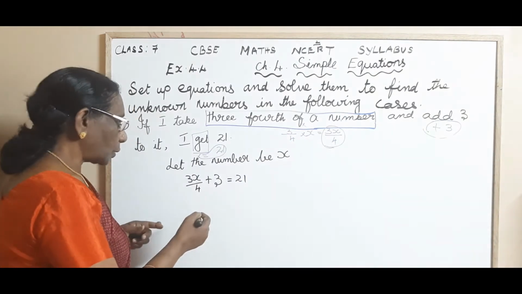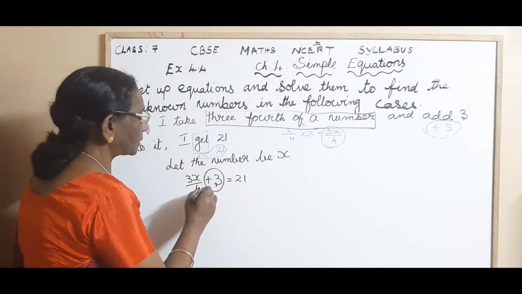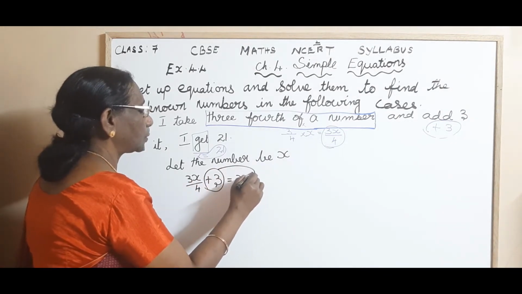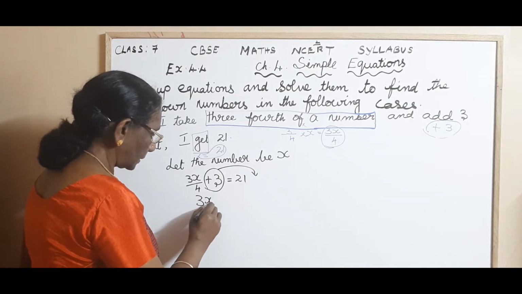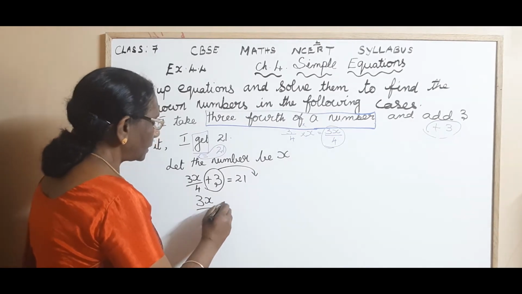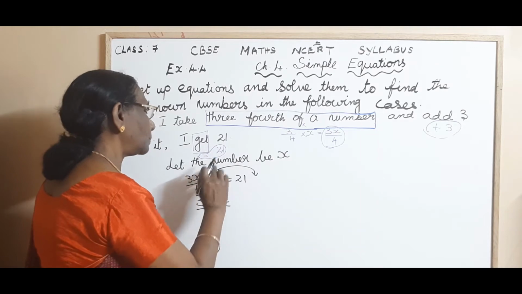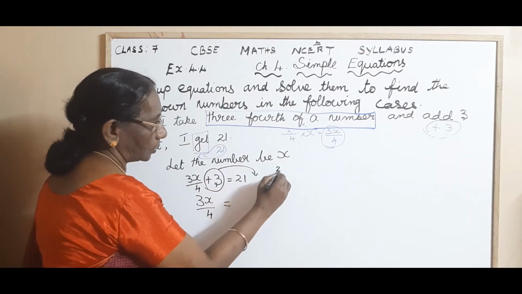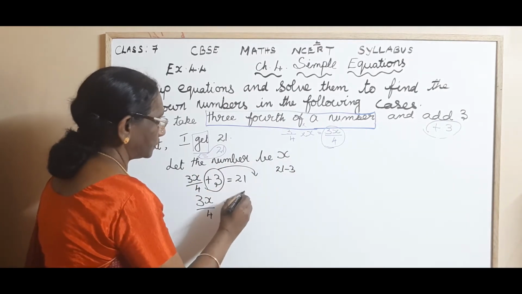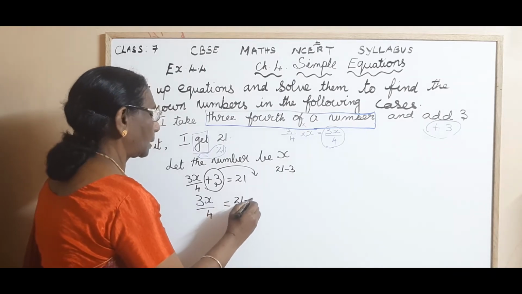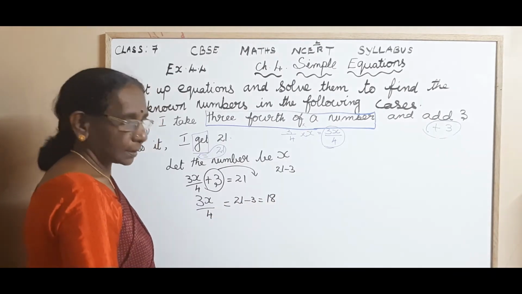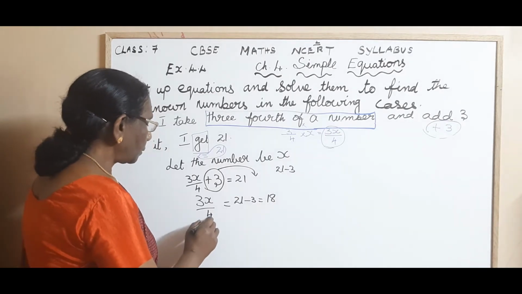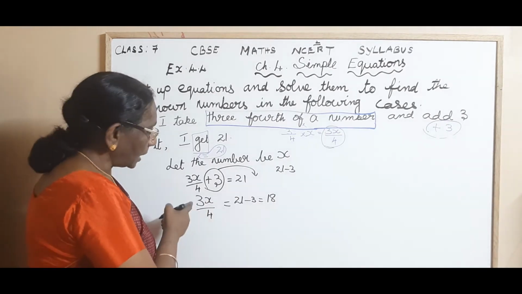So how to solve? First you have to transpose this 3 from LHS to RHS. So what do you get? 3x by 4 is equal to 21 minus 3. That gives 18, isn't it? Now, which one do you have to eliminate, 3 or 4?